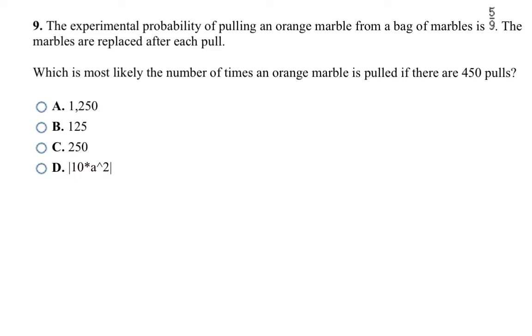The experimental probability of pulling an orange marble from a bag is 5/9. The marbles are replaced after each pull. So what is the most likely number of times an orange marble is pulled if there are 450 pulls? So these problems are working it backwards from the first problems that we did. And once again, we're going to use a proportion. So we're going to take the probability of 5/9.